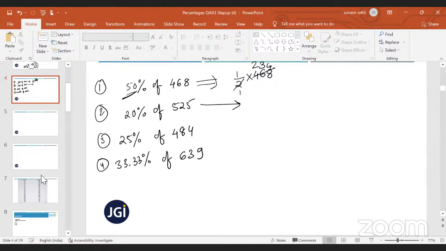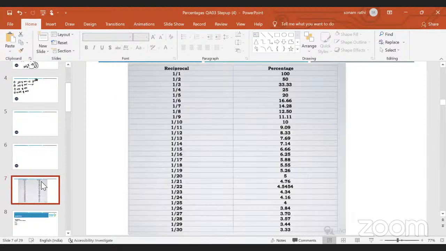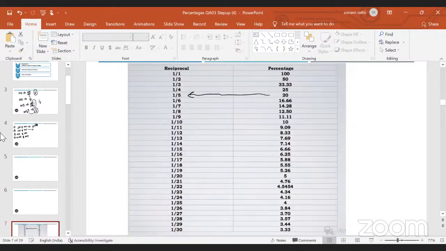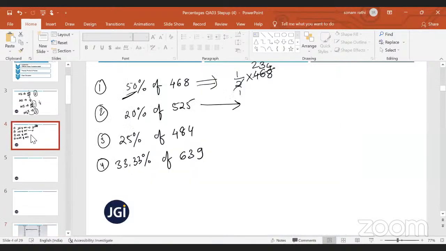Now look into your list. What is 20%? Look into your list. 20% is 1/5, right? So it means 1/5 of 525.